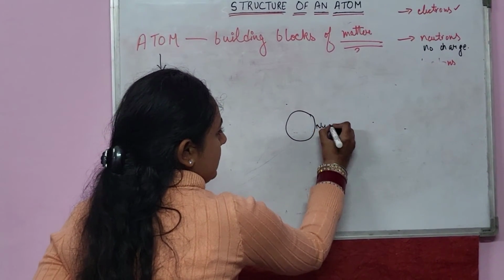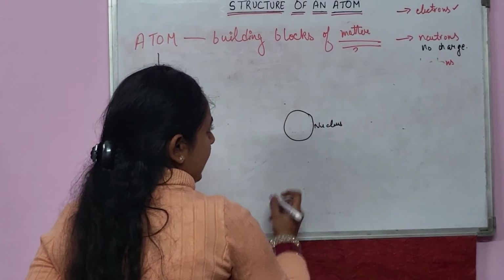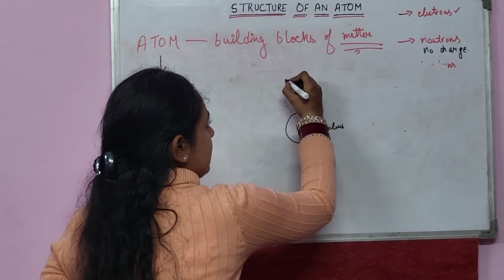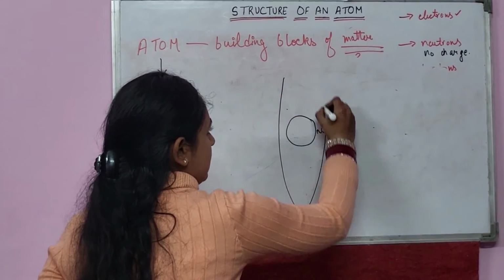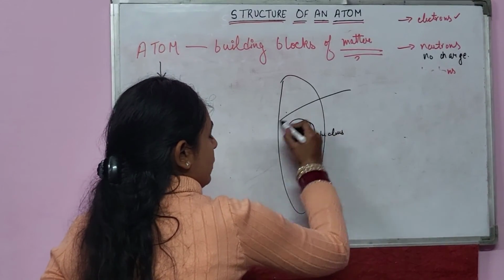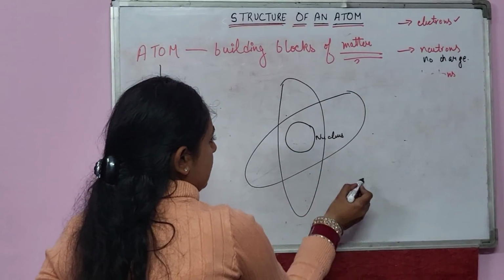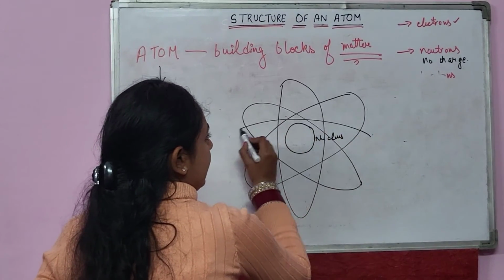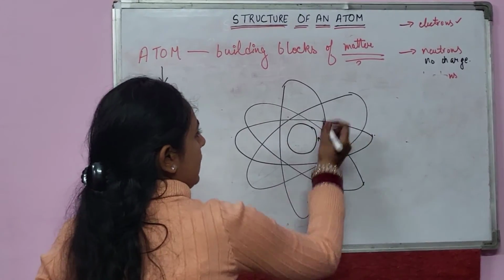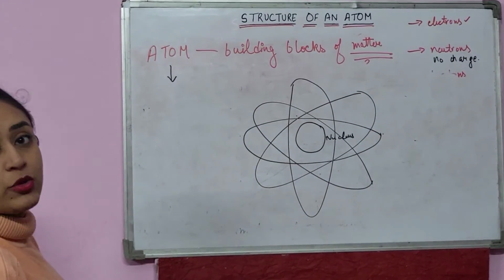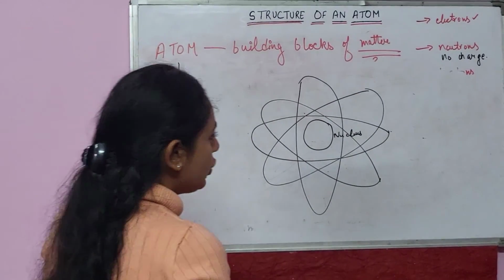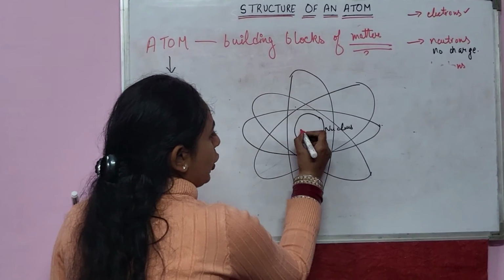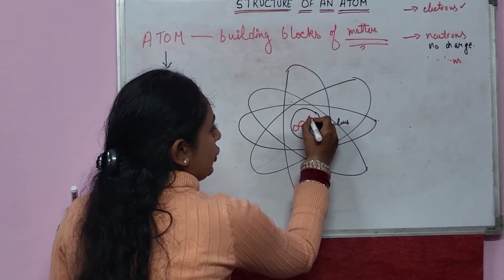This is a nucleus, and this nucleus has shells. It can have many shells, and we have discussed 4 shells till now.